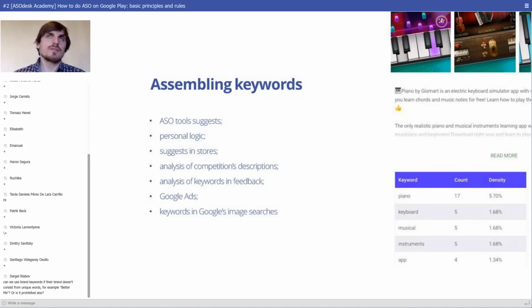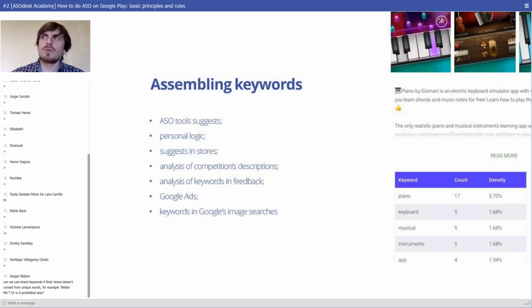Google Ads Planner, yeah, but that doesn't mean that the keywords from Google Ads work in Google Play. However, some ideas from there might be interesting for us. And all the ASO practitioners have their own life hacks about looking for keywords on the web.